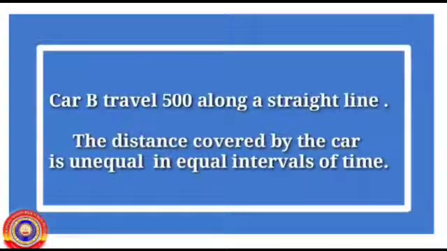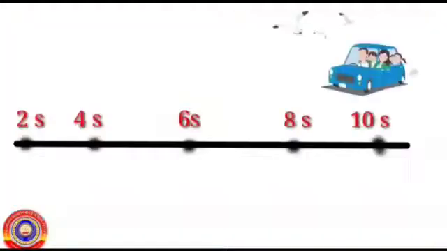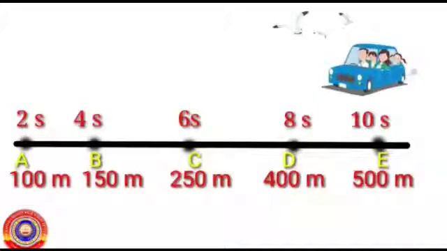Car B travelled 500 meters along a straight line, but it covers unequal distance in equal intervals of time. Look at this. In the first 2 seconds, the car travelled 100 meters, and then in the next 2 seconds, it covered 50 meters, and in the next 2 seconds it covers 100 meters.